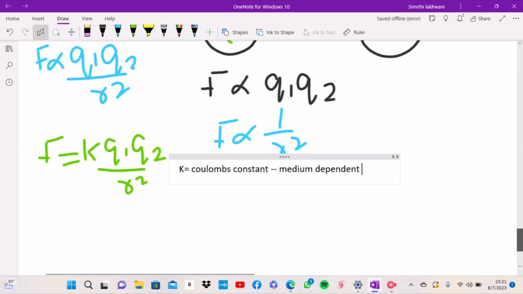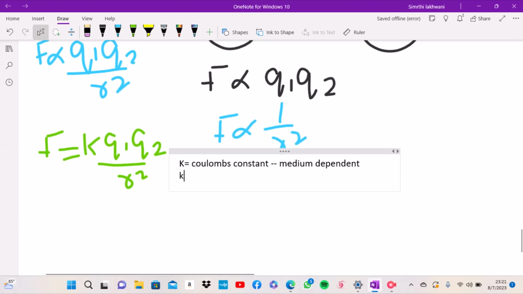Let's find out the value of this K. The value of K is equal to 9 exponential power 9 Newton meter square upon Coulomb square. This is the unit of K. So the value of K is 9 × 10^9 Newton meter square upon Coulomb square.